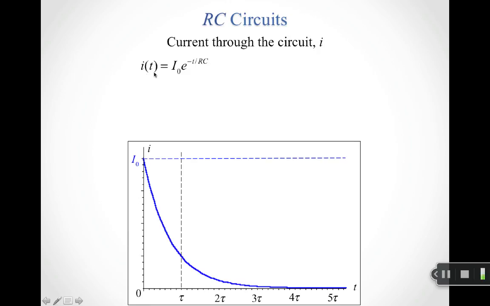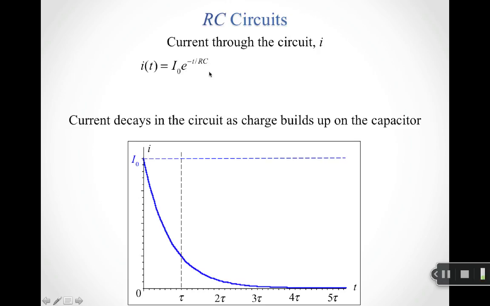So how that changes is actually given by a very particular equation. The current as a function of time is given by I naught, and this is just the initial current in the circuit, times this exponentially decaying function. So what we see here is that the current decays in the circuit as charge builds up on the capacitor. This plot down here is showing us the current as a function of time.